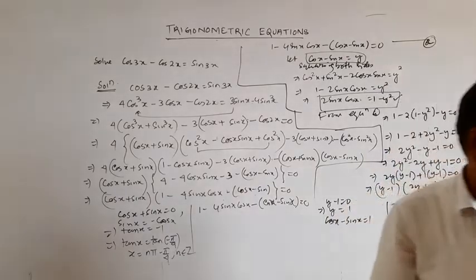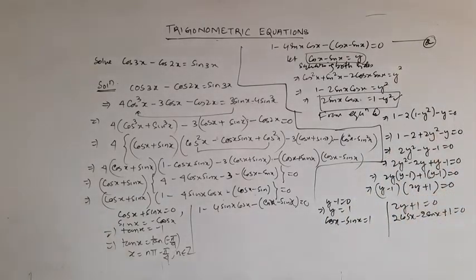This is cos x minus sin x. So according to this question, cos x minus sin x is equal to y, so y is equal to 1, or y is equal to minus 1 by 2.